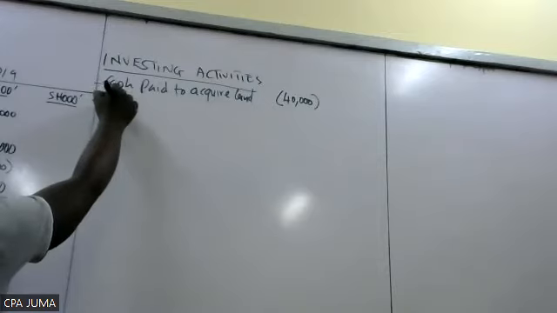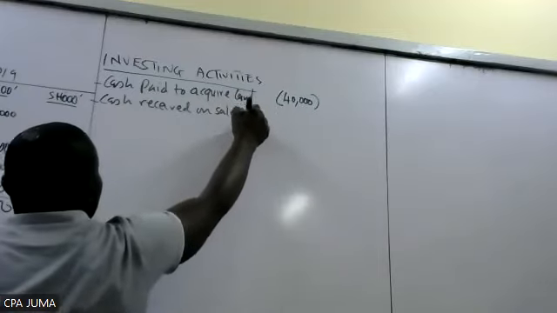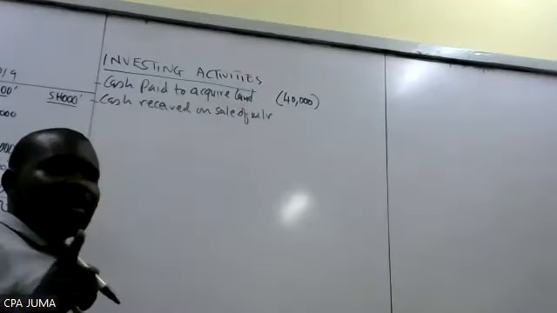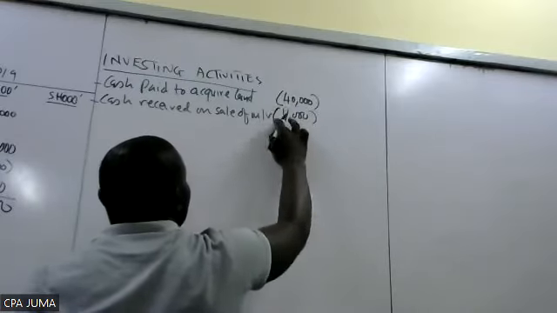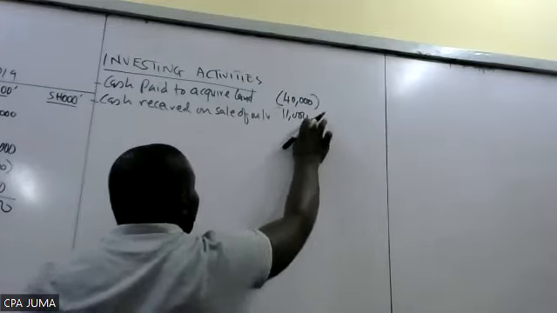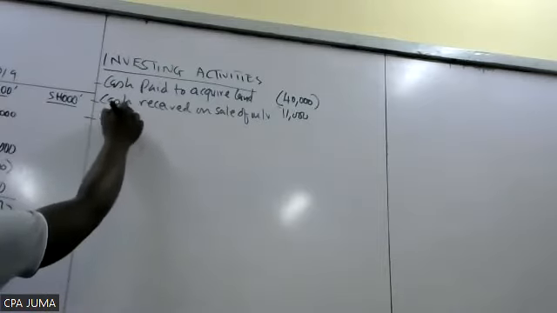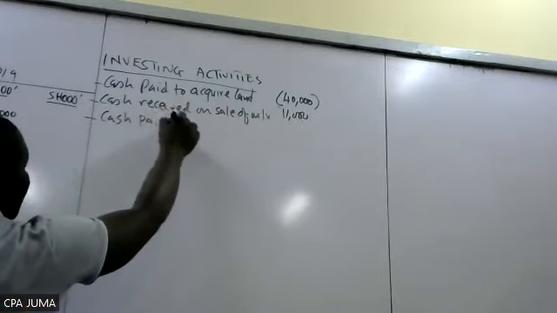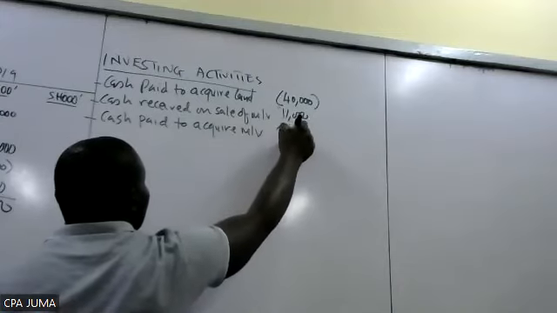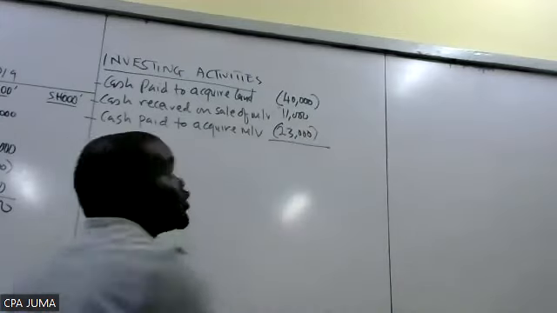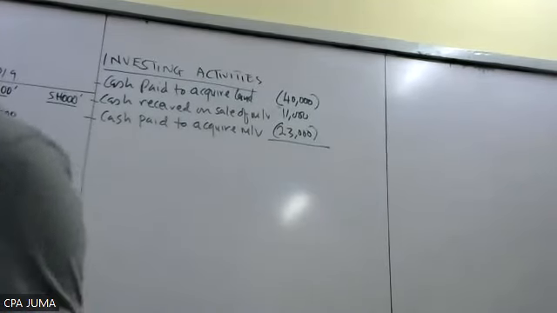So cash received on sale of motor vehicle. It was sold for 11. And that is cash in. And also motor vehicle, check our reconciliation of motor vehicle. There was also acquisition. Acquisition of motor vehicle was 23. Please check where the figures are coming from.